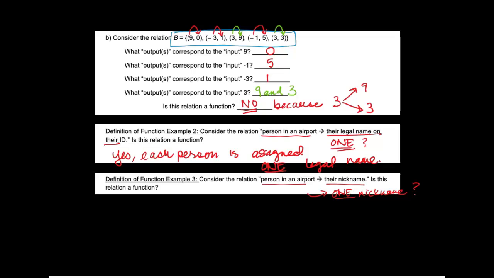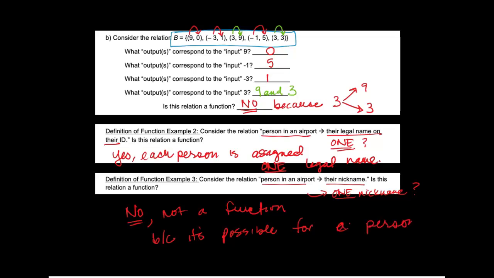I mean, it's possible that a person has no nickname. It's possible that a person has one nickname, but it is possible that somebody has two nicknames. So I'm going to say, no, this is not a function because it's possible for a person to have multiple nicknames.